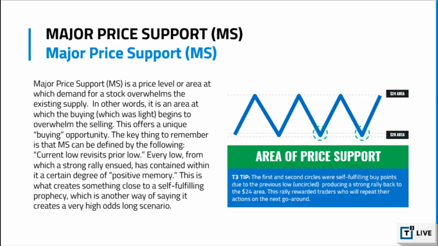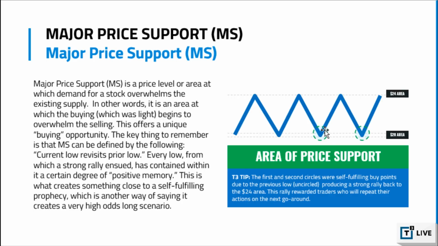Major support exists not because traders were hurt and they're looking to cover at the prior resistance where they went short. Major support exists because traders that bought the prior low were rewarded. Rewarded traders always look to repeat their actions. Does that make sense? So major support exists due to a self-fulfilling prophecy.